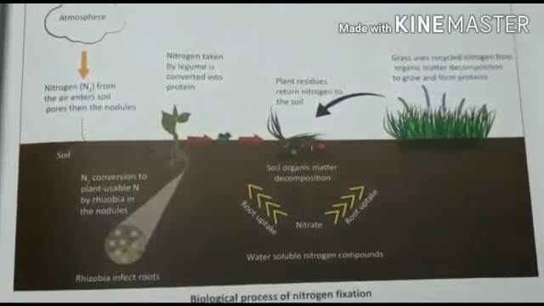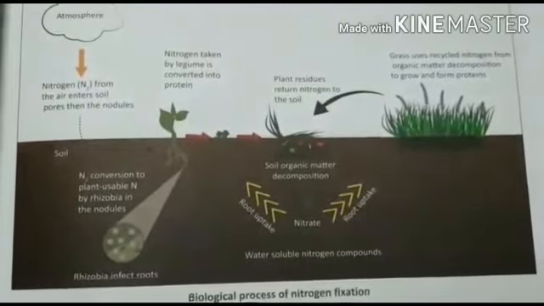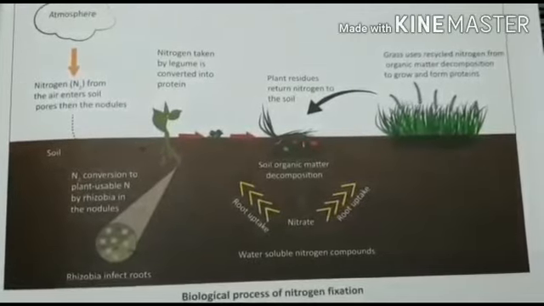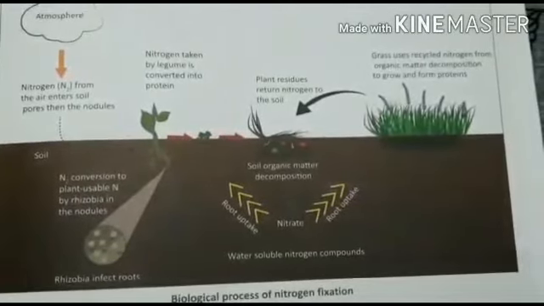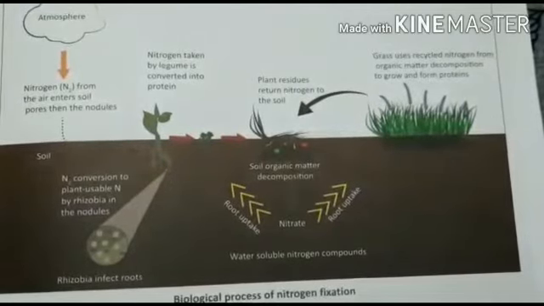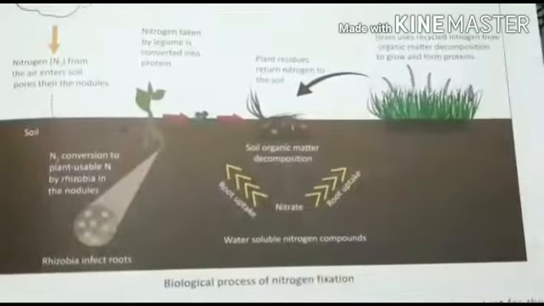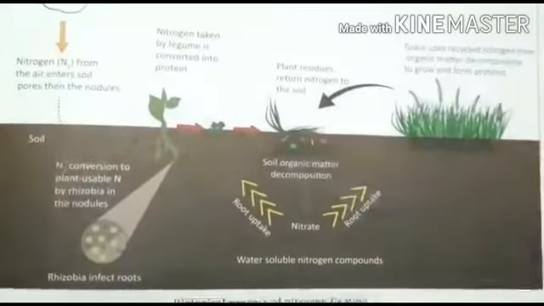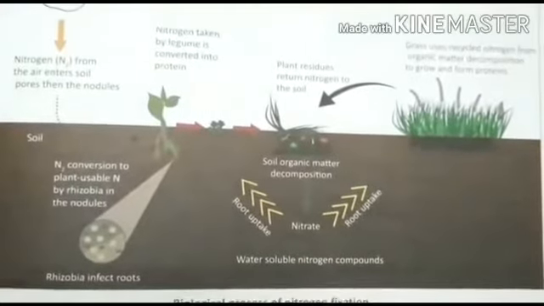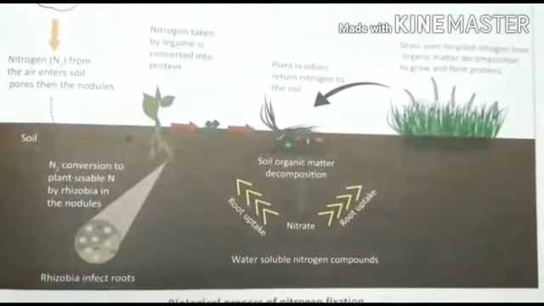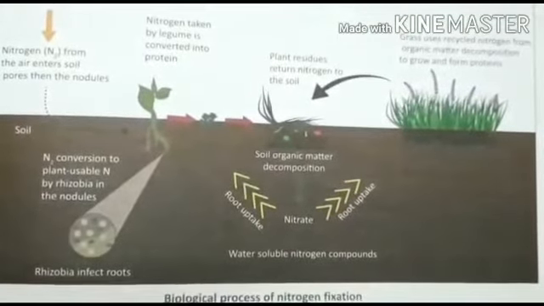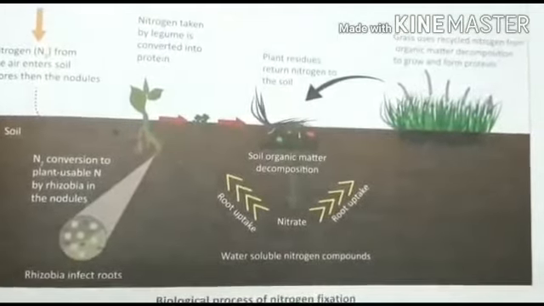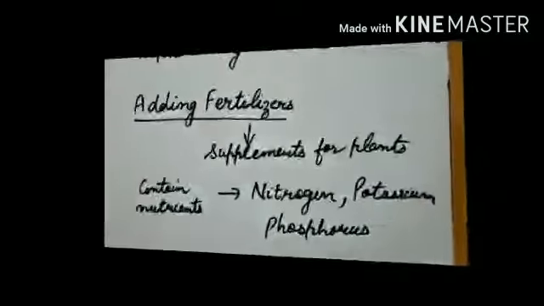Then nitrogen is taken by the legume and is converted into the protein. After that, the plant residues return the nitrogen to the soil. This organic matter is decomposed in the soil, and in the form of nitrates, like water soluble nitrogen compounds, are there. Then the roots will uptake these.